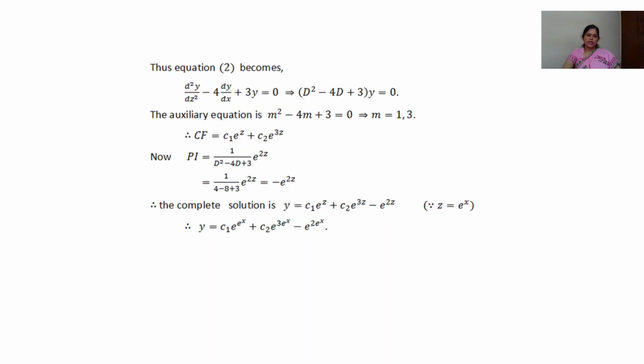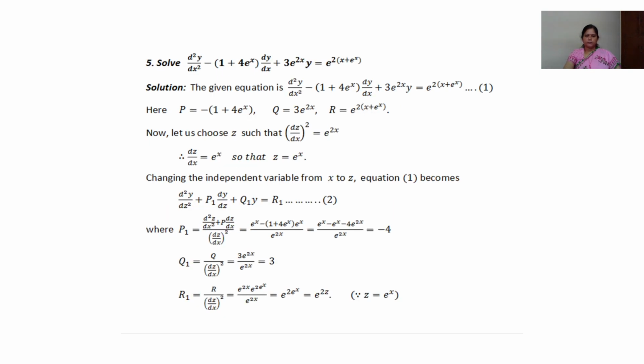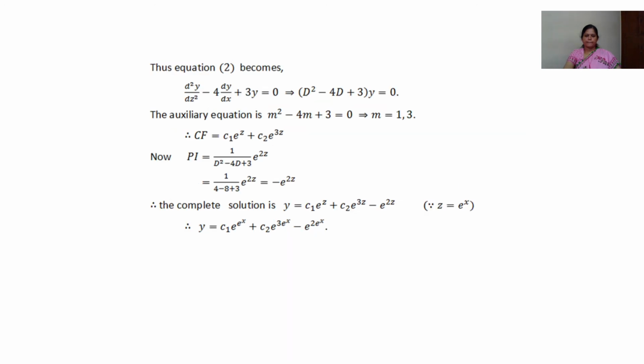Equation 2 becomes d²y/dz² minus 4 dy/dz plus 3y is equal to e^(2z). So we write it in terms of D: (D² minus 4D plus 3) y is equal to e^(2z).